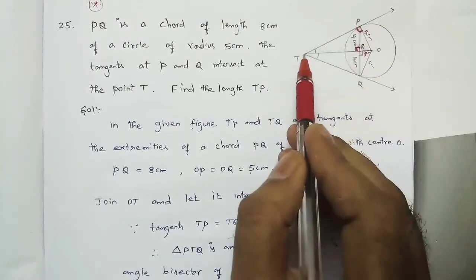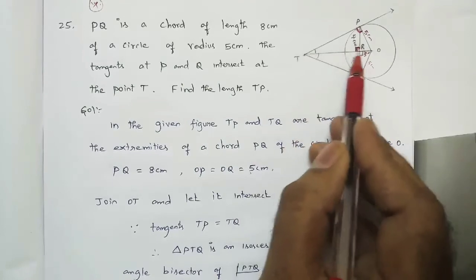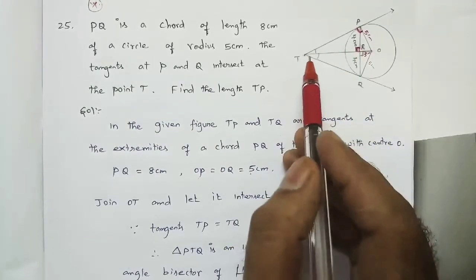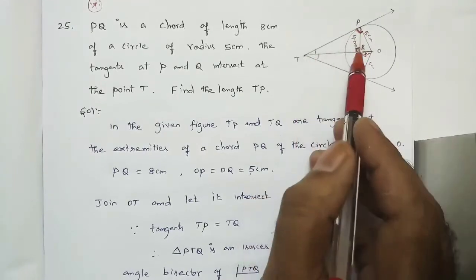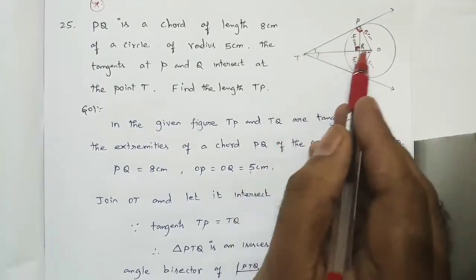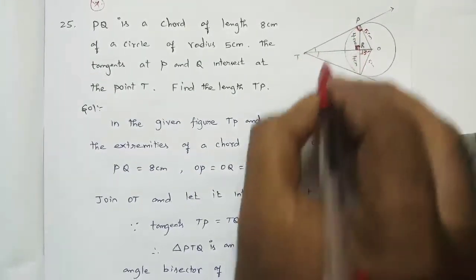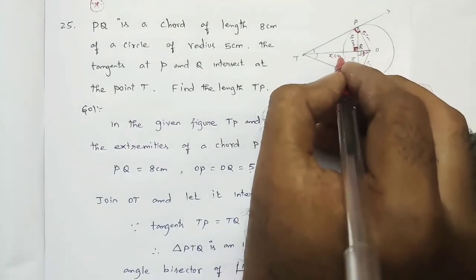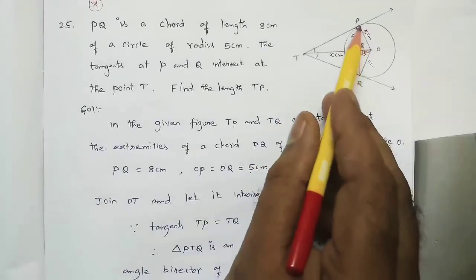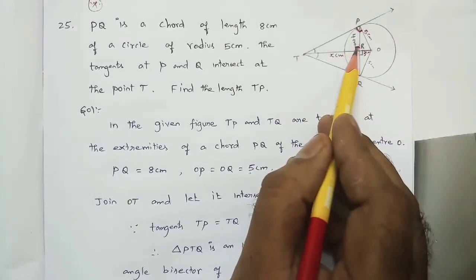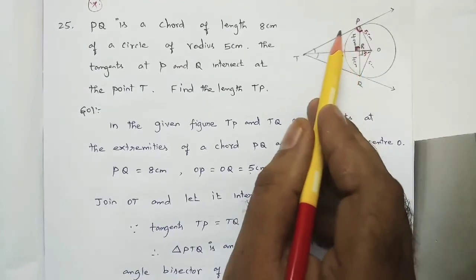Now I am going to consider TR. Next I take the right triangle TRP, and I assume TR is equal to X centimeters. In right triangle TRP, the right angle is R, so the hypotenuse is TP.